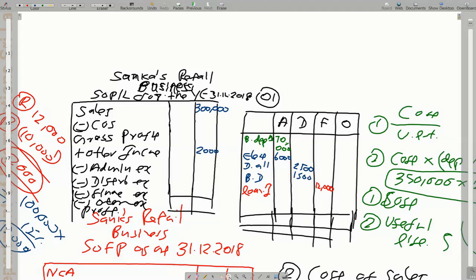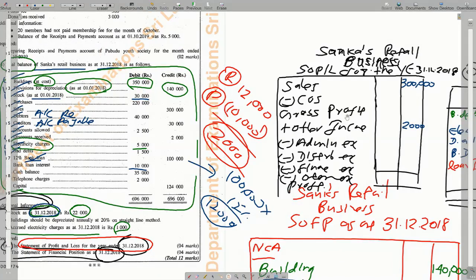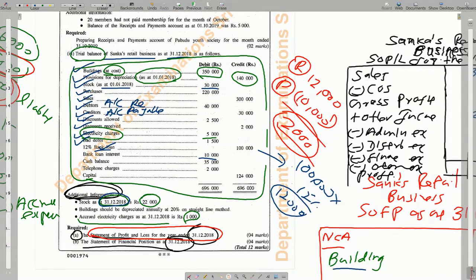Okay, now we can move to the next item. Bank loan is okay, bank interest we have done. Cash balance. Normally cash we consider as an asset of the company. Its liquidity is very high, the same as cash. Remember, it comes under the current assets.